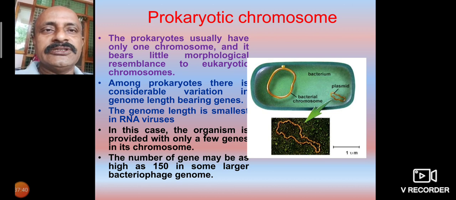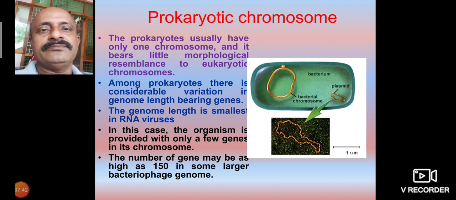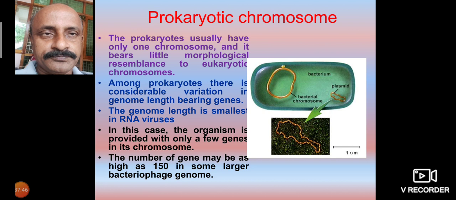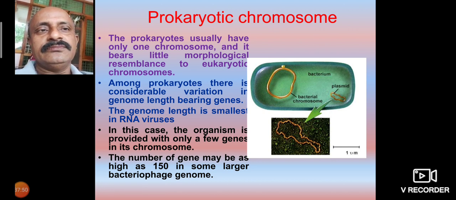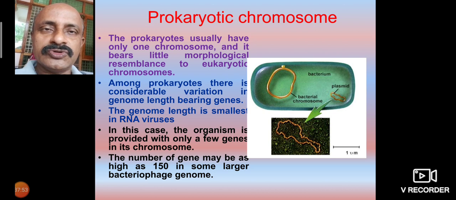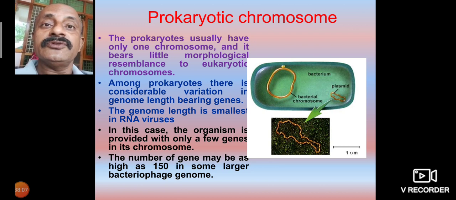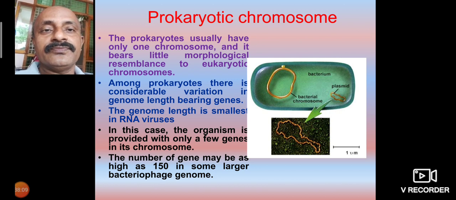Among prokaryotes there is considerable variation in genome length and the number of genes. All bacteria do not have the same size of chromosome, though each has only one, and the number of genes is also different.